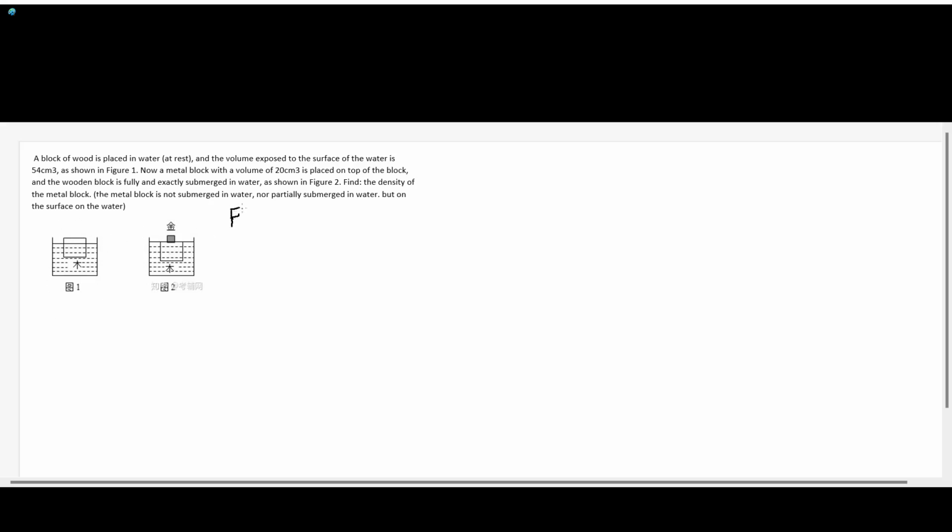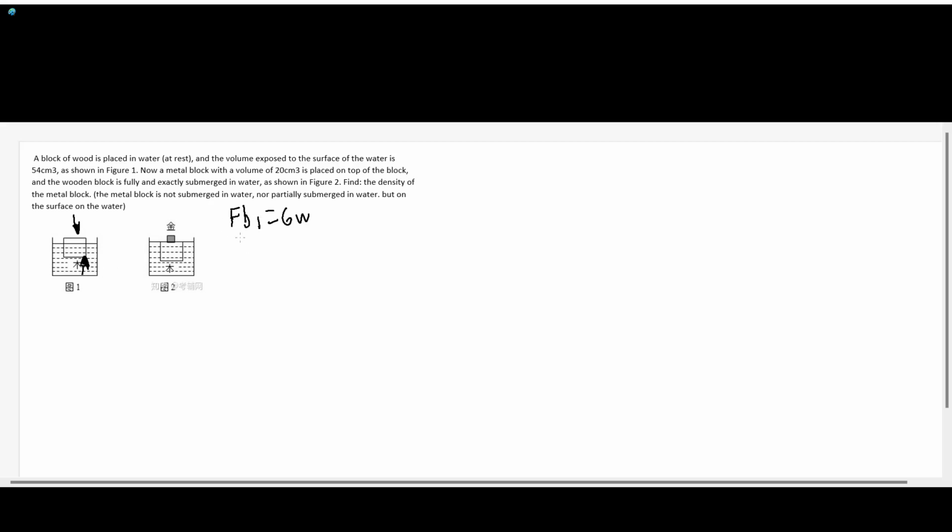The buoyant force of case 1 is just equal to the weight of the water displaced. This is because it's not submerged, so it's floating. That's why its balance is static. Because this up force is equal to this down force, that's why it's floating.